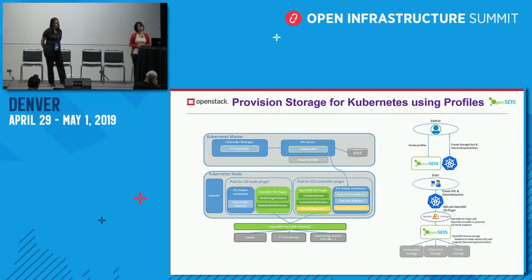So this shows how to provision storage for Kubernetes using profiles designed based on Swordfish. The admin will first create a profile in OpenSDS. Then the admin creates a storage class in Kubernetes referencing that profile. And the user will request a PVC specifying the storage class.